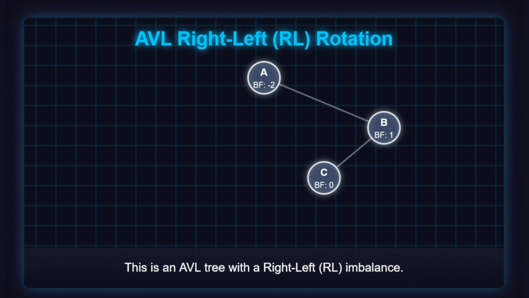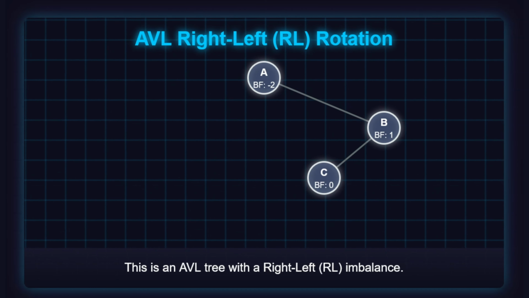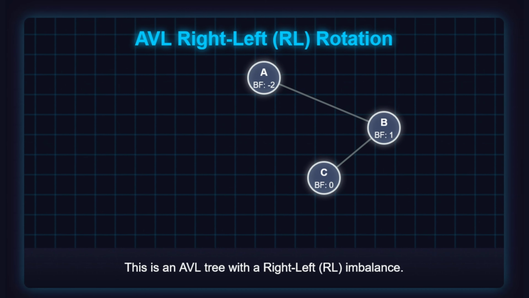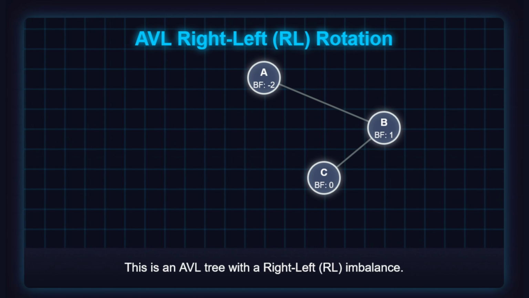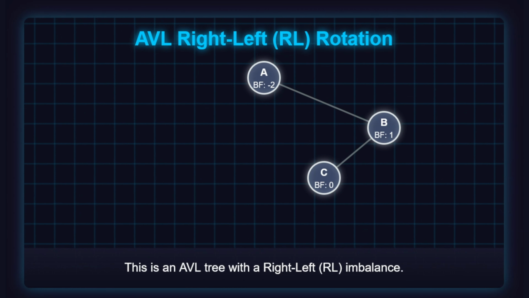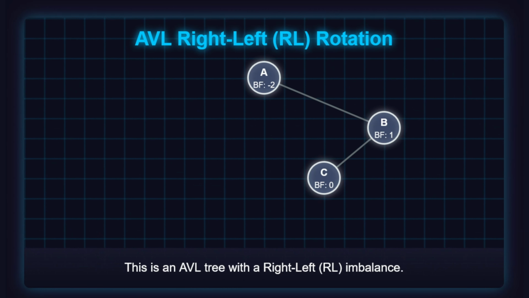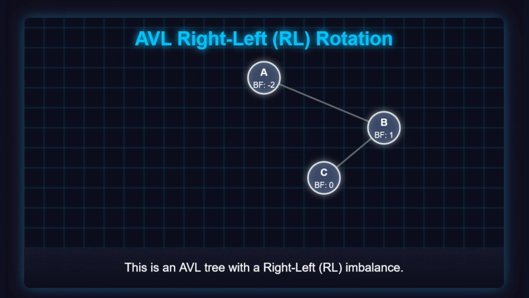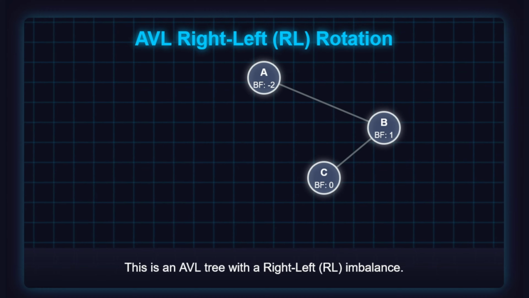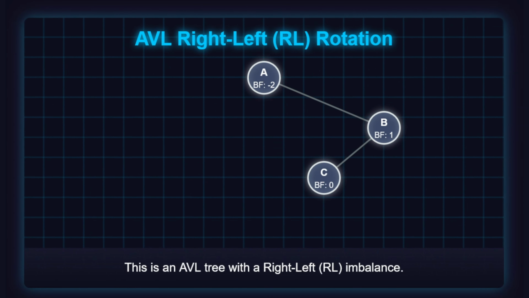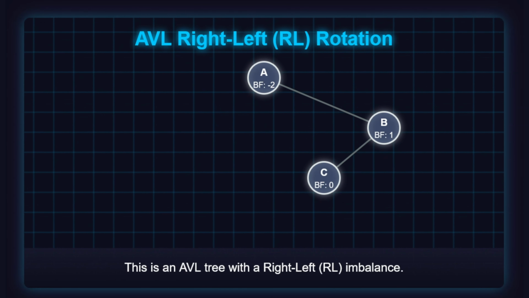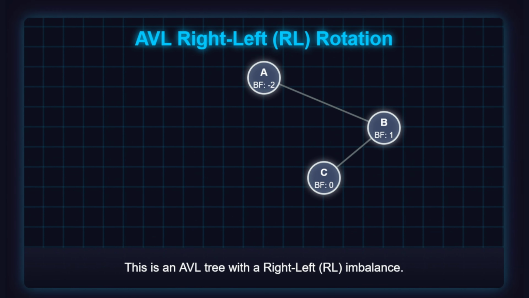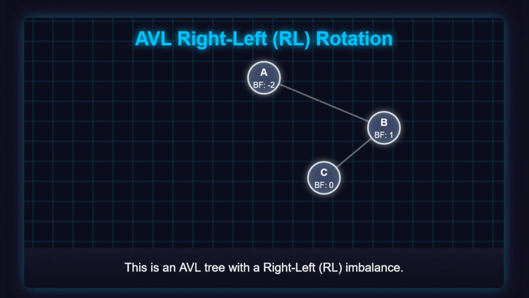The balance factor, BF, of a node is the height difference between its left and right subtrees, left minus right subtree heights. Node C has no children, so its BF is 0. Node B's left subtree, C, has height 1, and its right subtree, empty, has height 0, so its BF is 1 minus 0, which equals 1.